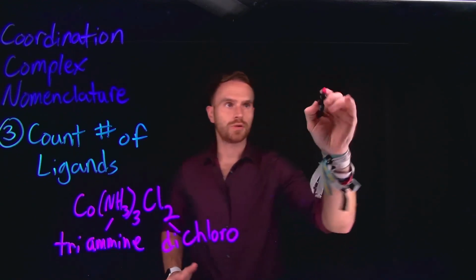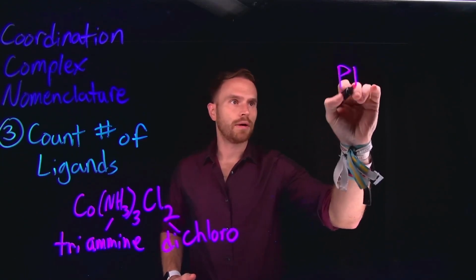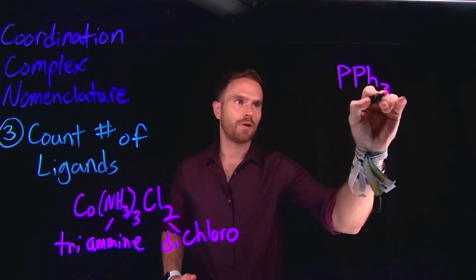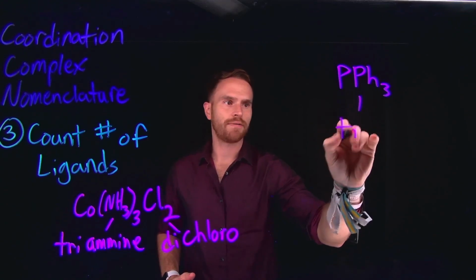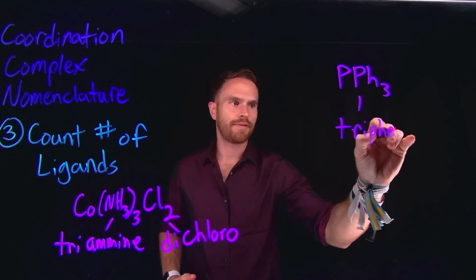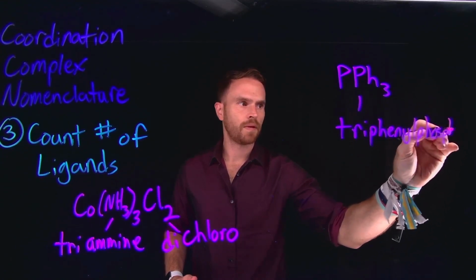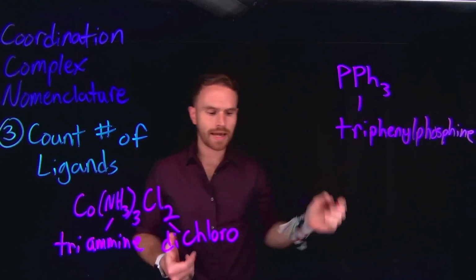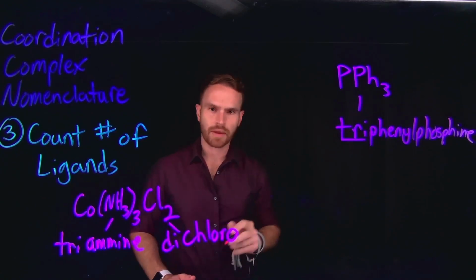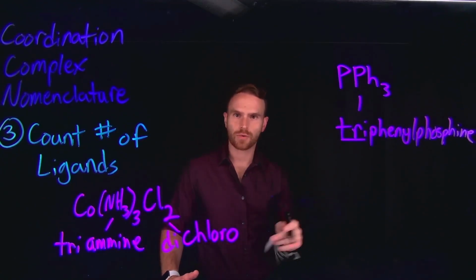Now, importantly, and you saw this example in the previous section of this video, we talked about the triphenylphosphine ligand. And this one already has a Greek prefix in it. A part of the ligand name has a Greek prefix.